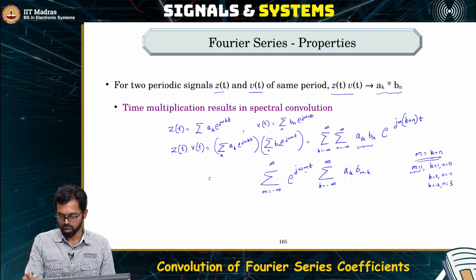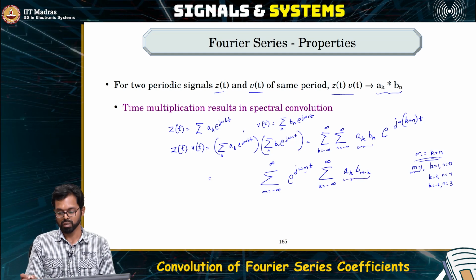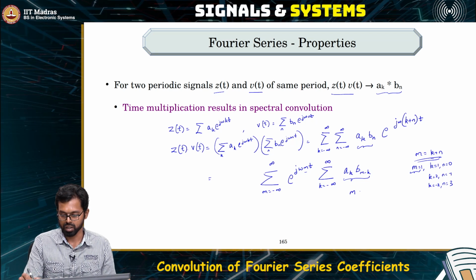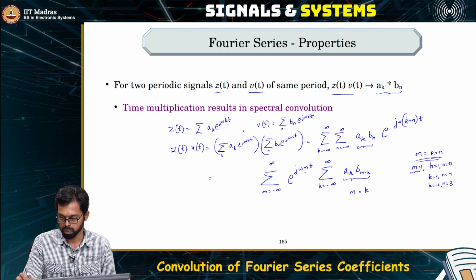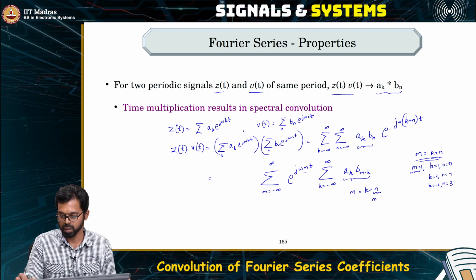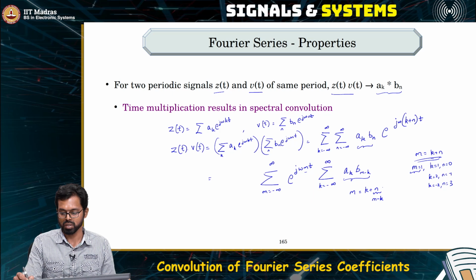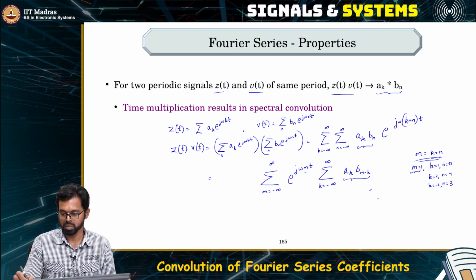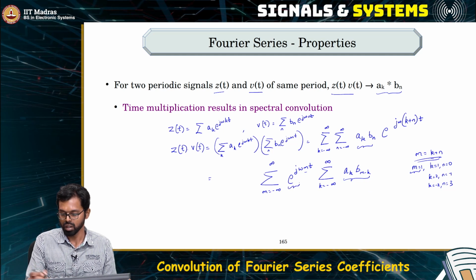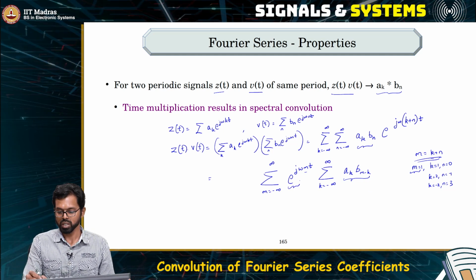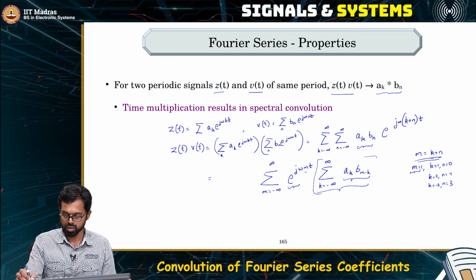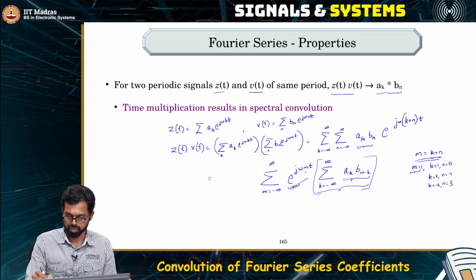We have picked all those coefficients for which we get the same value of m, that is m equal to k plus n, and here n is m minus k. So we have picked up all those terms for which we have the same phasor. So these all put together give the coefficient of this phasor.